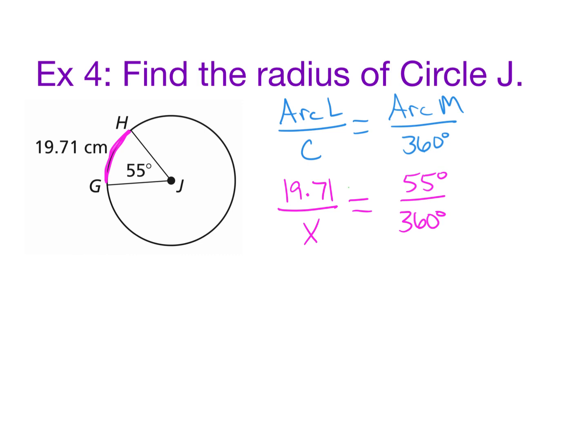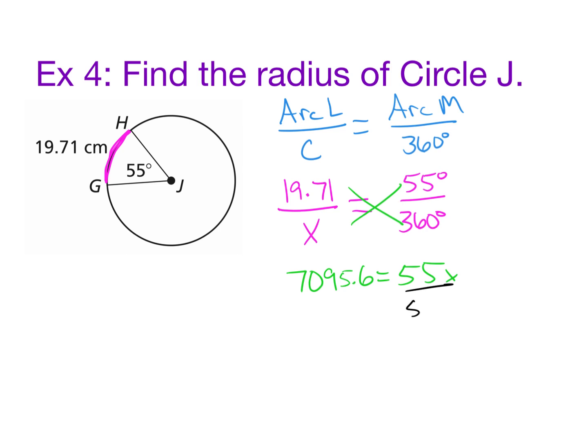So when we cross multiply, 360 times 19.71, what'd y'all get? 7,095.6. Very good. So 7,095.6 is equal to 55x, right?